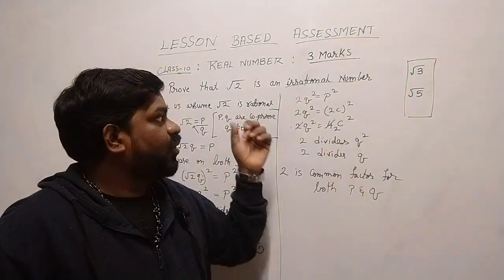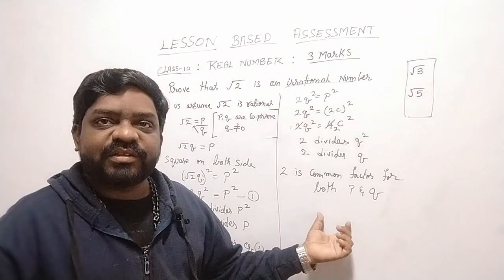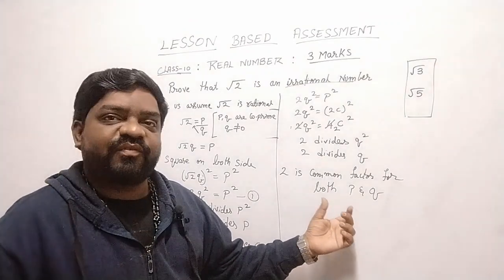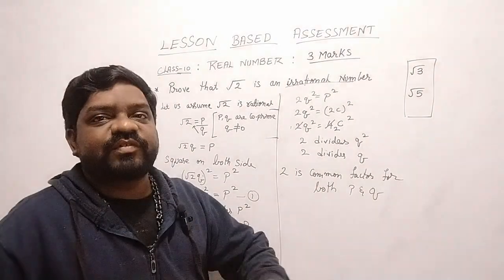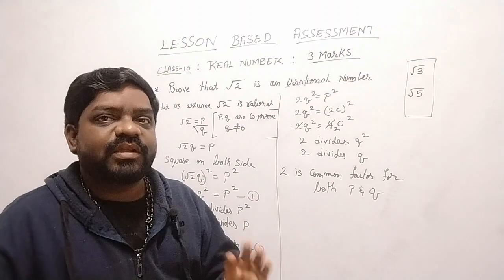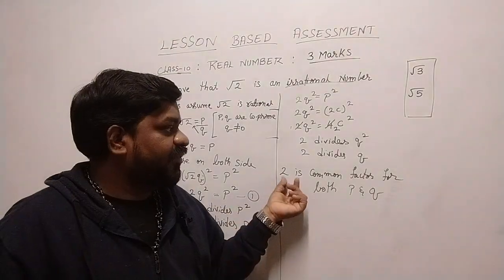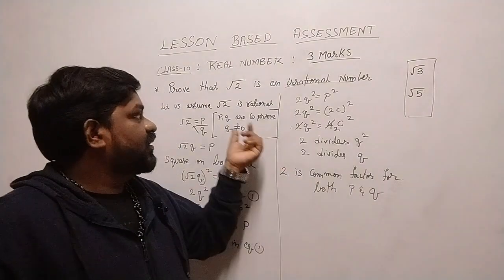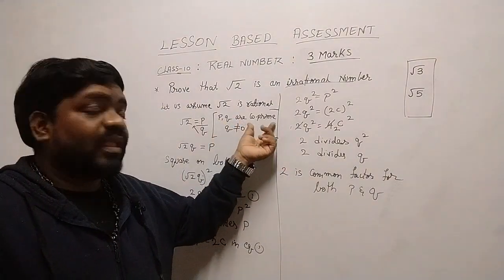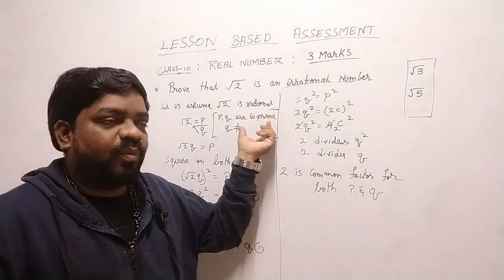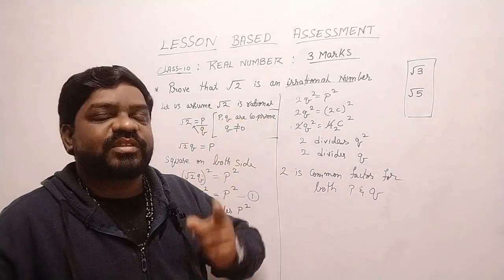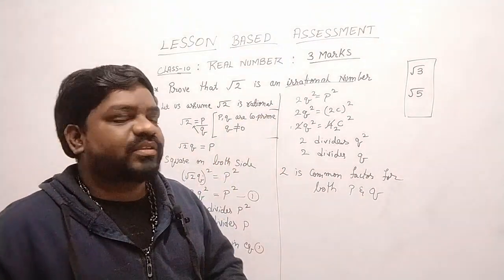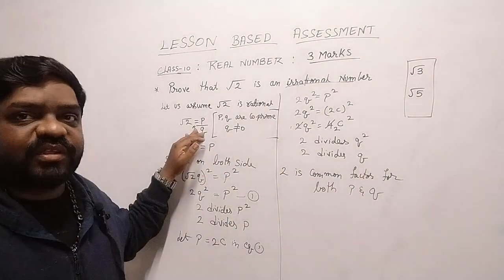As I said, co-prime means the common factor should be 1. Apart from 1, we should not get any other common factor. Here we are getting 2 as a common factor, which means p and q are not co-prime numbers. So this occurs due to our wrong assumption.